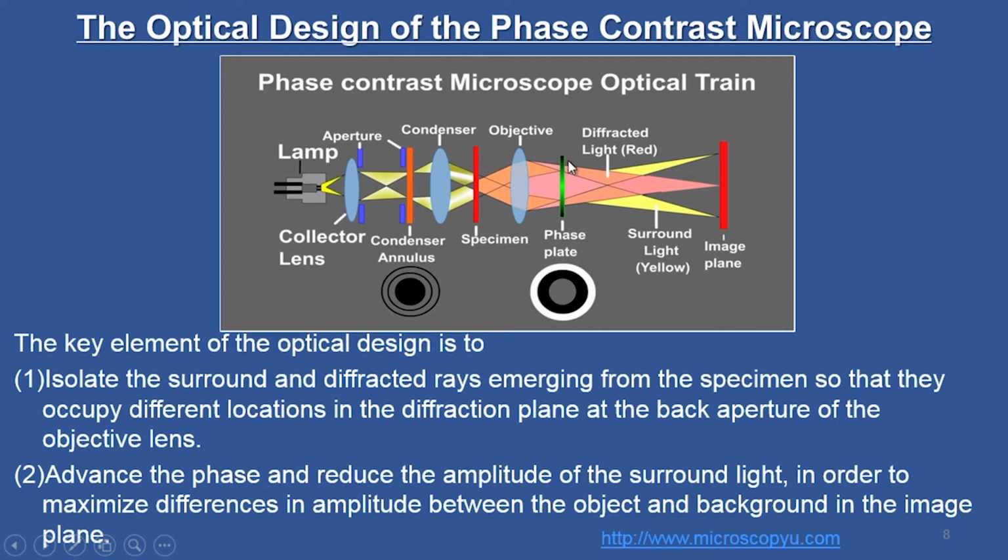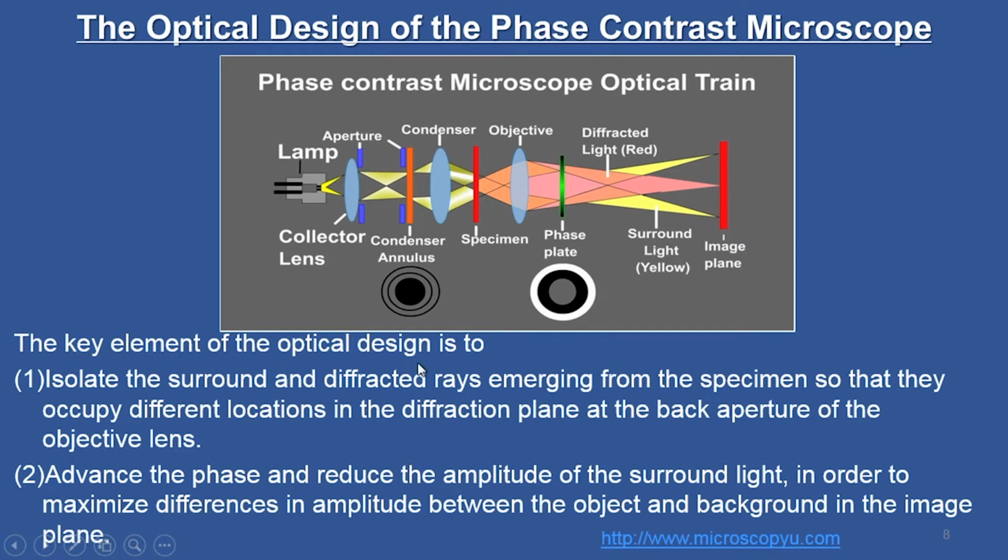The phase plate is going to alter the incoming or outgoing rays. We will see what the phase plate does in much more detail. You have the rays coming out of this, the surround light as well as the diffracted light, and finally you see the image plane.